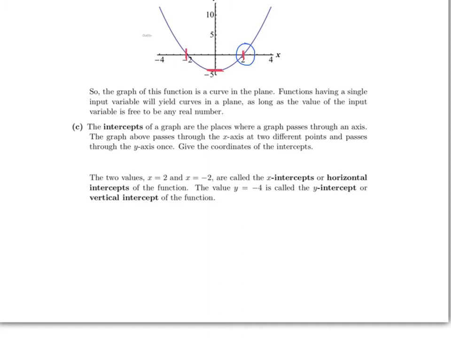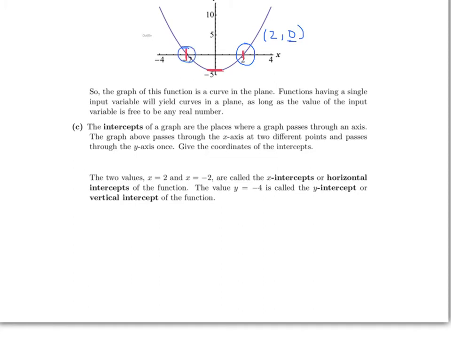If we imagine what the coordinates of that point are, you can see that the input value is 2 and the output value is 0. So the coordinate pair is 2, 0. So the 2 is the x-intercept, and notice the output value is 0.